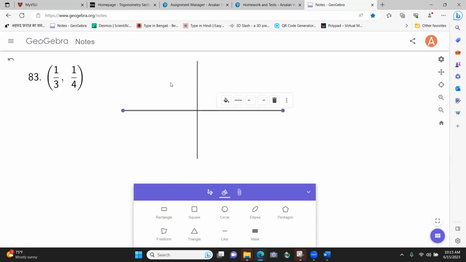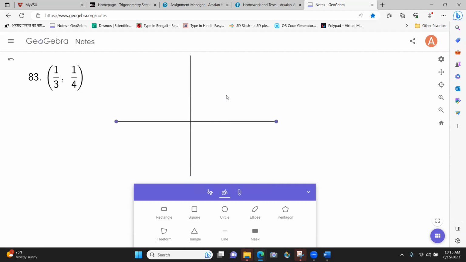Okay. Let's say I need a bigger picture. This point will be somewhere here. Again, nobody cares exactly where it is. 1/3 is bigger than 1/4, so it's somewhere here.